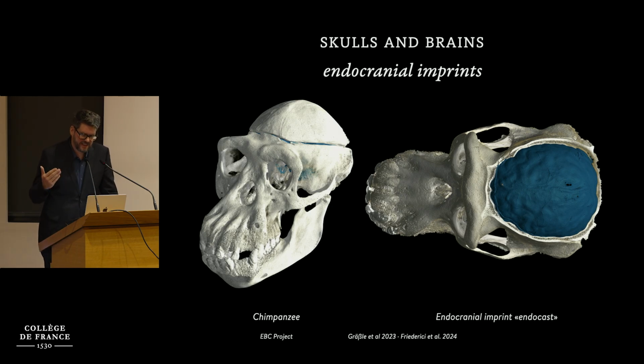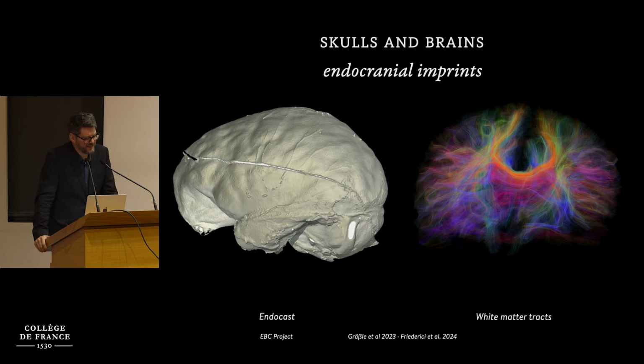So when an animal dies of natural reasons, then our veterinarians go in and directly extract the brain, even if that site is in the middle of the jungle in the Ivory Coast. And they preserve the brain in formaldehyde, and then we ship it to Leipzig and MRI scan it. And the CT scans of the skull and the brain allow us to basically study the endocast and the brain of the same animal. Right?